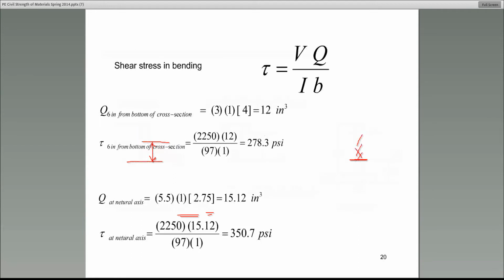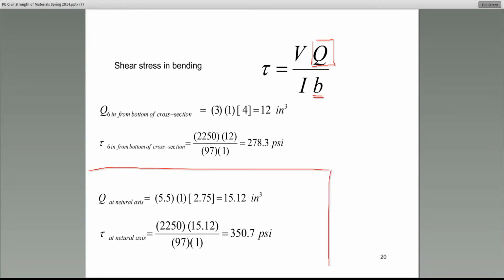Now, let's go back to the previous slide. This is slide number 20. And I want you to please look at the bottom part of this slide. This is where we are calculating the shear stress at the neutral axis. Q is 15.12 inches cubed. I just told you exactly how we calculated that.